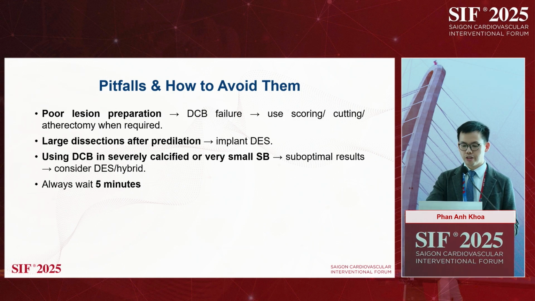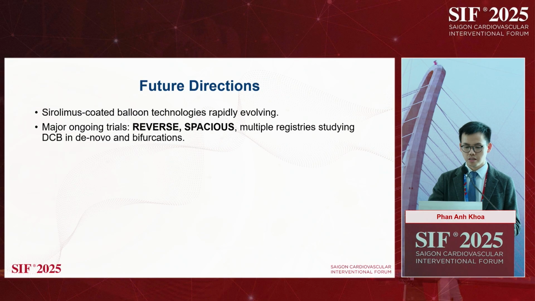Using DCB in severely calcified or very small side branch will give us a suboptimal result, and we should consider DES. And sometimes you have to wait to see what's going on after some minutes to decide whether we need to bail out with a stent for the lesion, or after a type A dissection with no flow-limiting dissection.